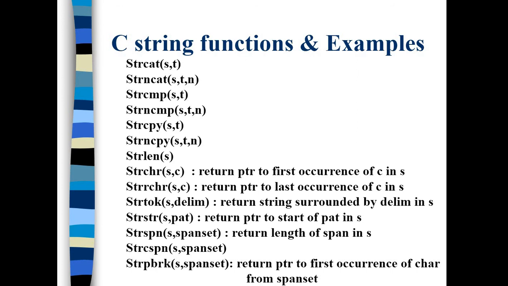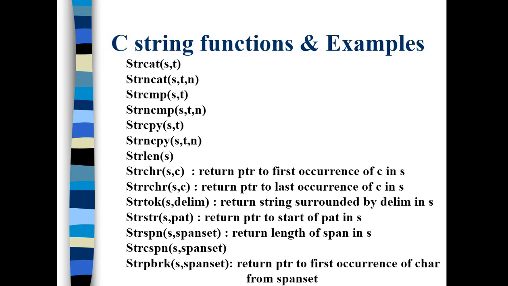Next is strstr. If you want to check for a substring in a string, then you can use strstr. Next is strspn. If you want to find out from the span set how many characters are occurring in the string S, that length will be returned using strspn.